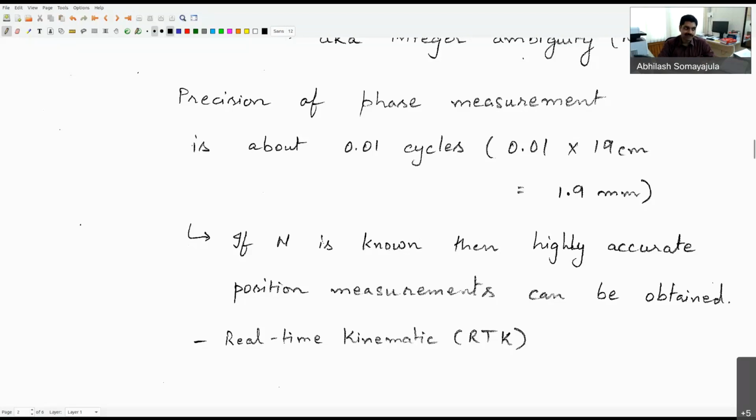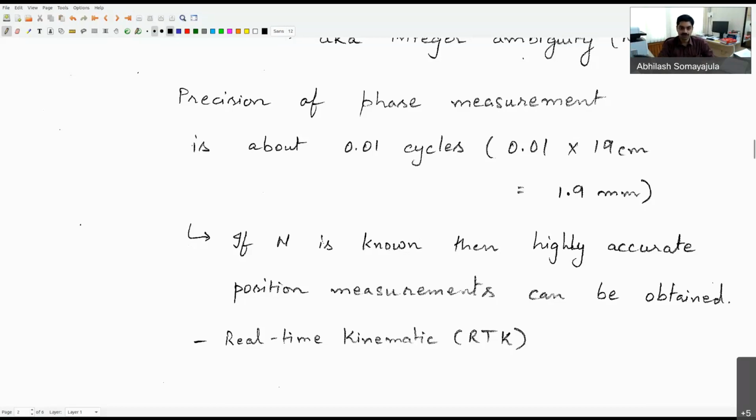Okay, so whenever you see, for example, the sensor we acquired, it promises us millimeter level accuracy. But a lot of things have to go right for us to actually see millimeter level accuracy on the ground. Right? So you have to have a line of sight between the base station and the rover. You have to have a clear sky.